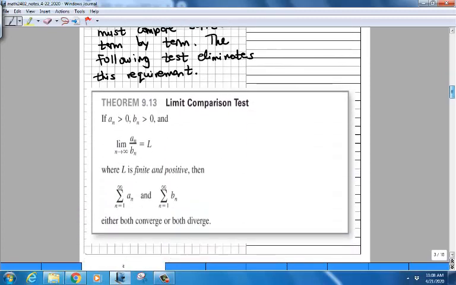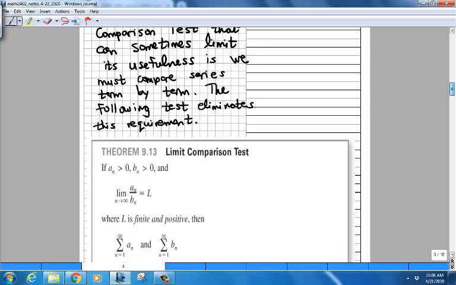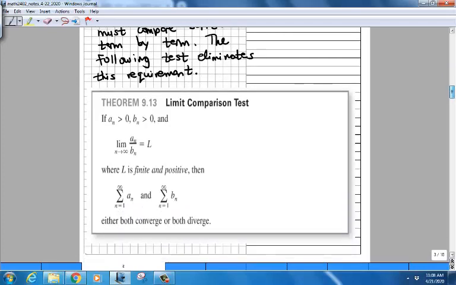This is called the limit comparison test. So again, you're going to be given some series that you don't know anything about, and you want to decide if this new series converges or diverges. But you have another series that you already know something about. So imagine this is the new series and this is the old series.